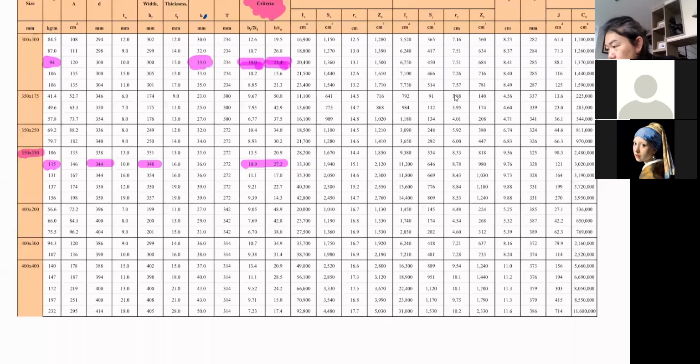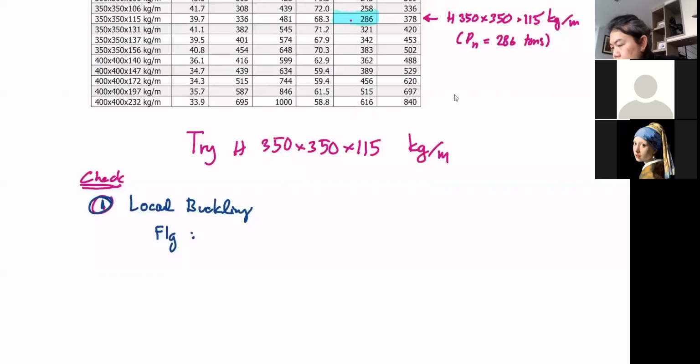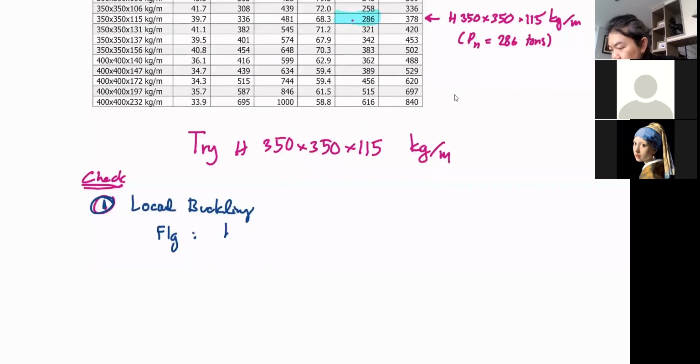And 27.2. So it is indeed BF over 2TF is 10.9. And now we are beginning to be familiar with the numbers. We can go ahead and say this is less than 0.56 square root E over Fy, which is 16.